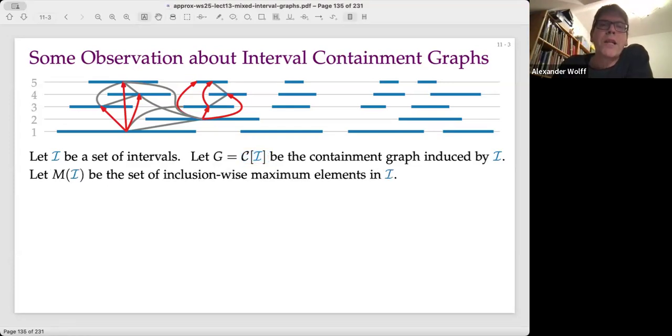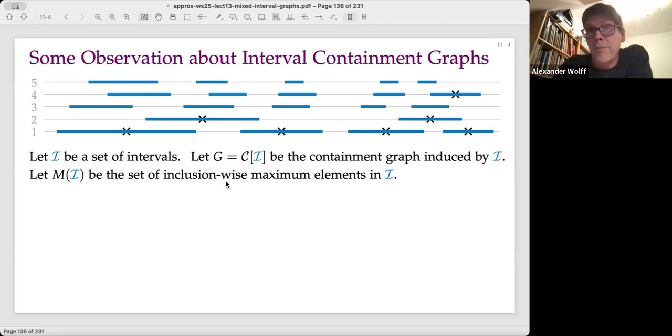Now, let me look at the set of inclusion-wise maximal intervals in this set of intervals. Here I've marked those with a cross. These are the intervals that are not contained by any other interval.